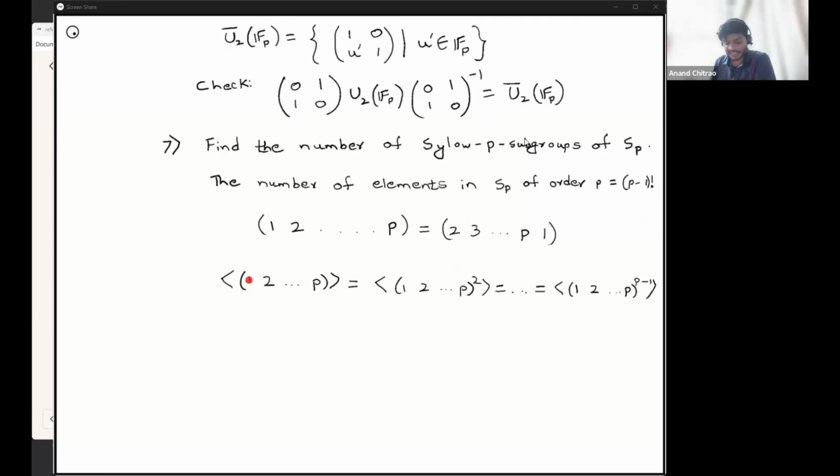And this happens for any p-cycle. So the number of subgroups of Sp of order p is (p minus 1) factorial divided by (p minus 1), right?